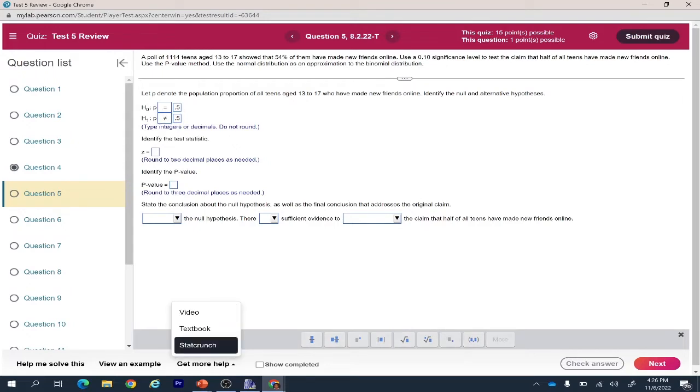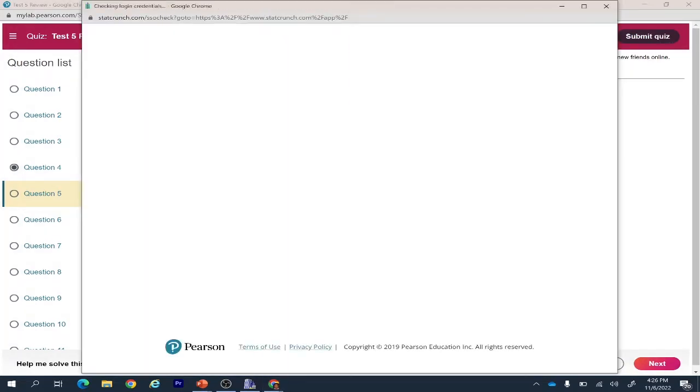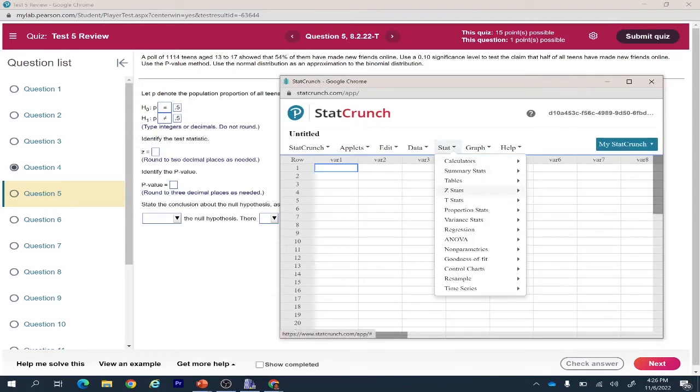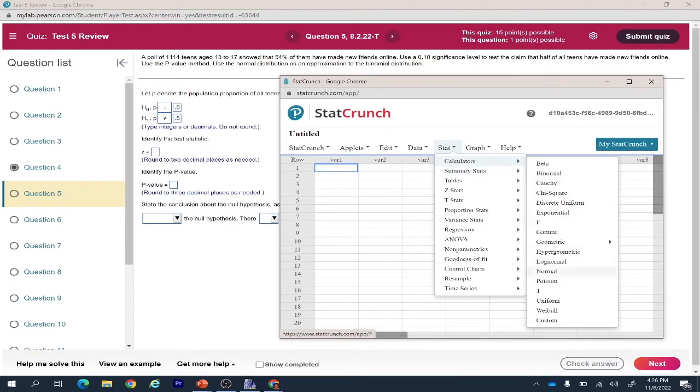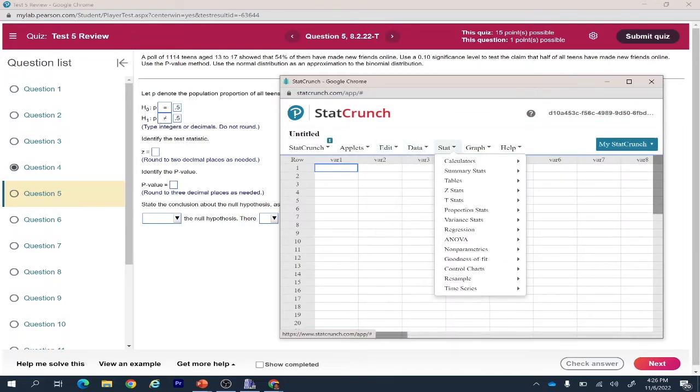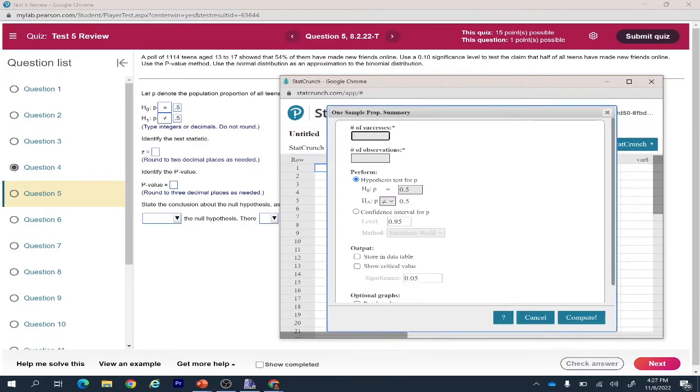For finding the z-score, we can use StatCrunch or a TI-83/84 calculator. It's up to you. I'm going to use StatCrunch. I'm going to use proportion stats, one sample with summary, and then number of successes.